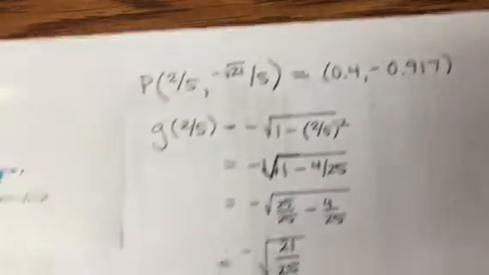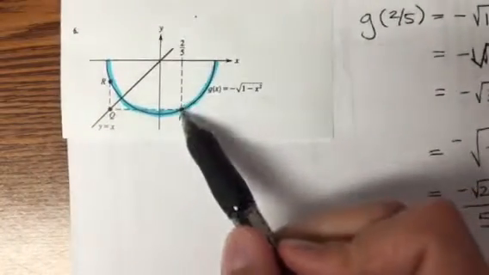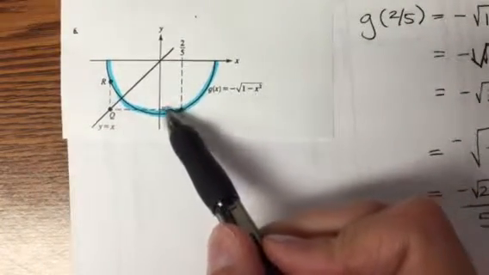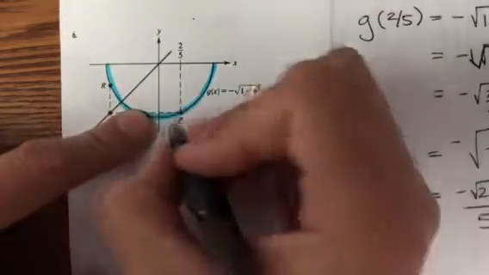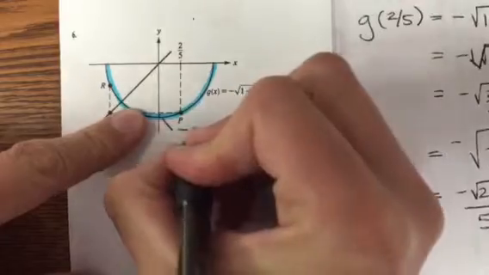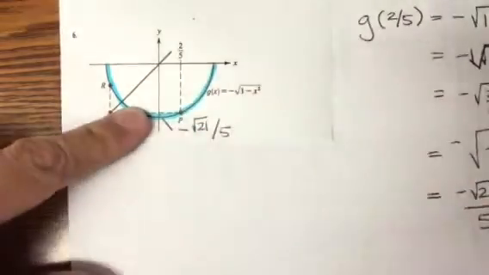So this is going to be my exact answer and then my decimal. They want both answers. So now I'm going to look at the P, and you're going to go in alphabetical order with these. So my P told me that my Y value here is negative square root of 21/5.